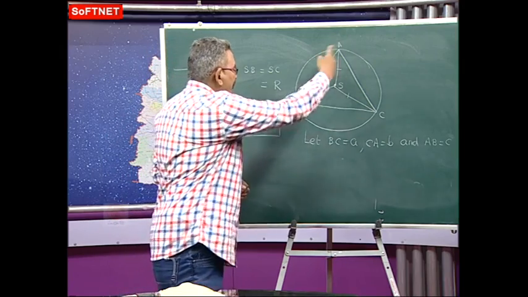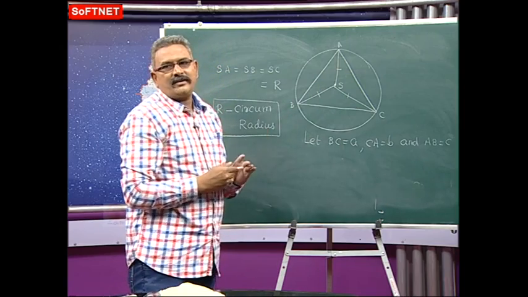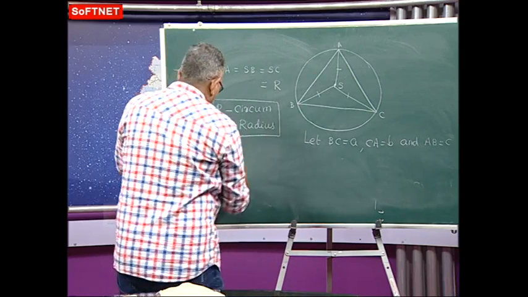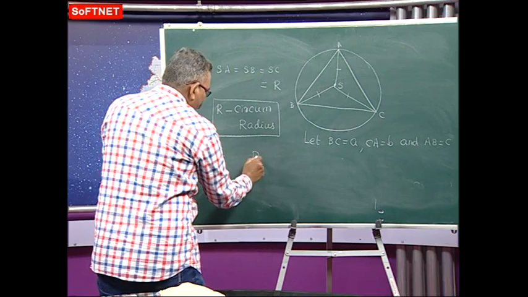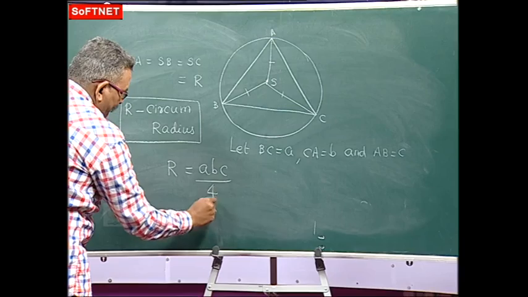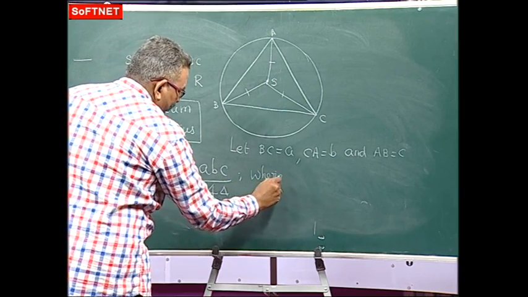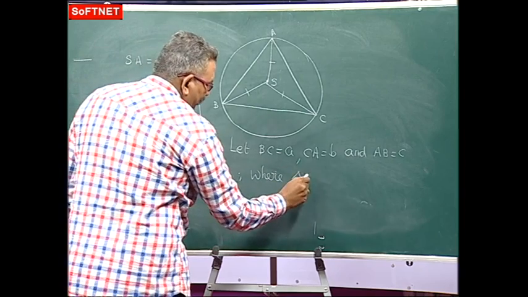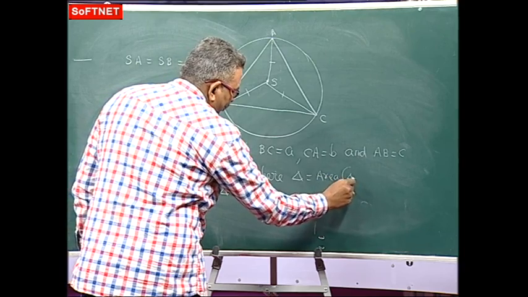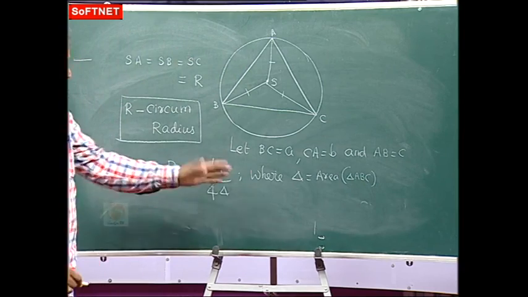We can find out the area of the triangle ABC, or even we can determine the circumradius also. So here the circumradius is given by the formula R is equal to abc by 4 delta, where delta is the area of the triangle.